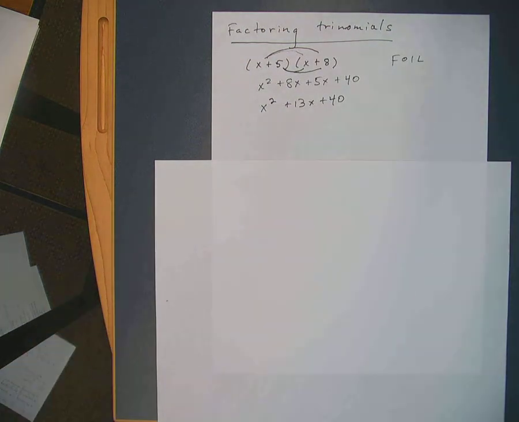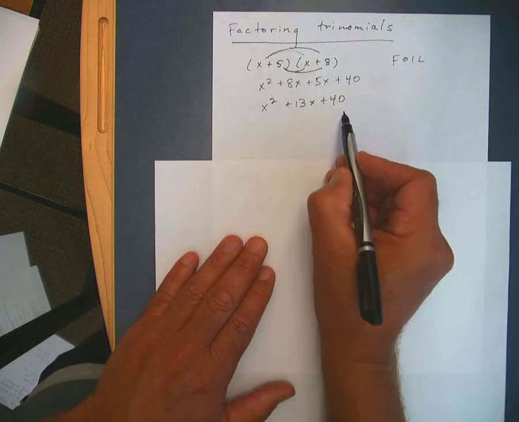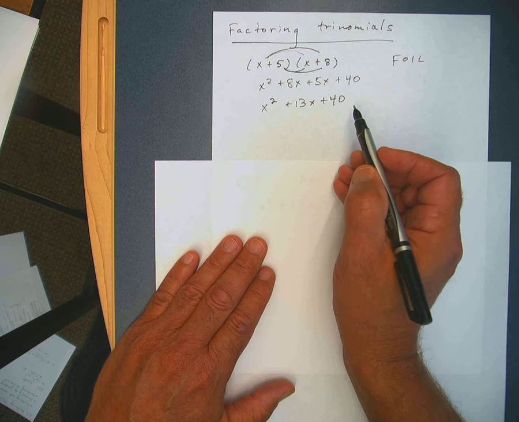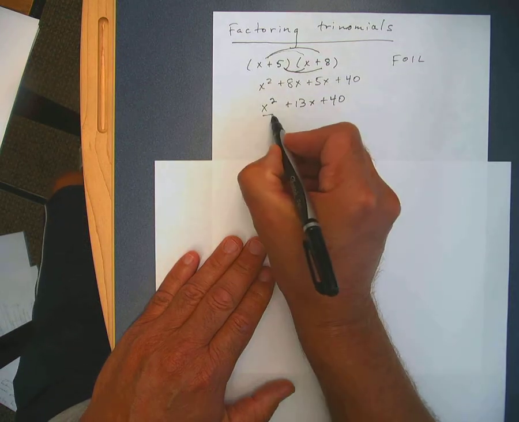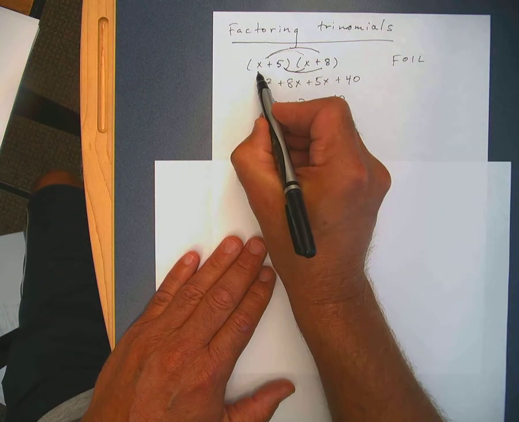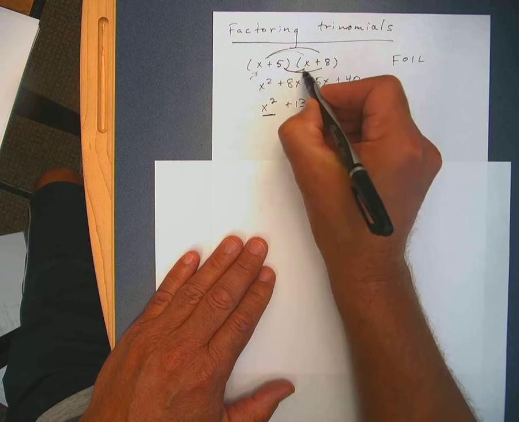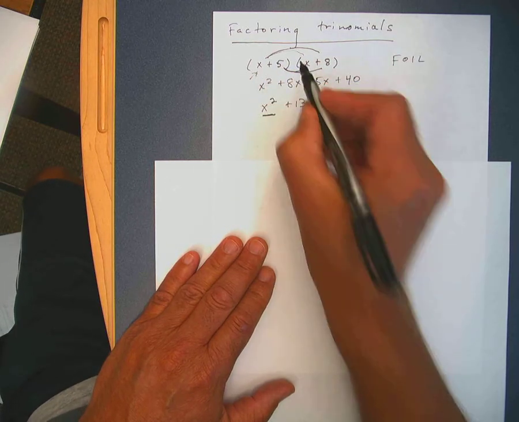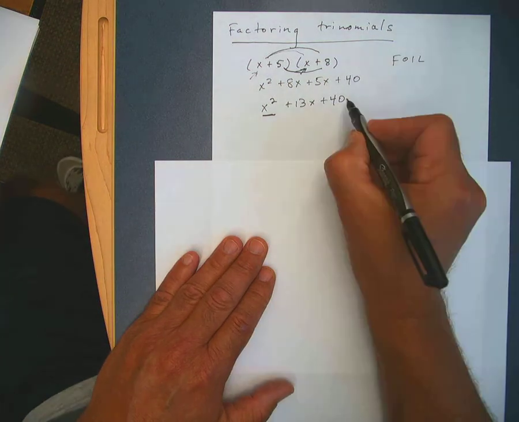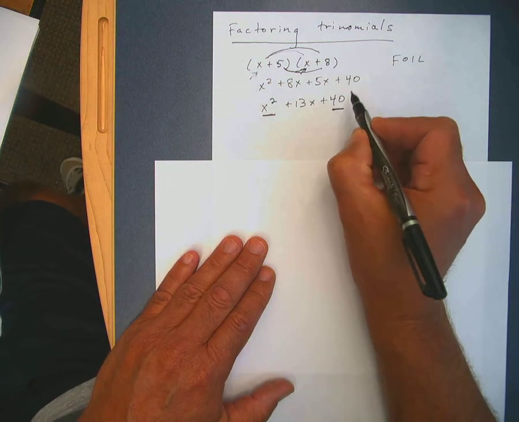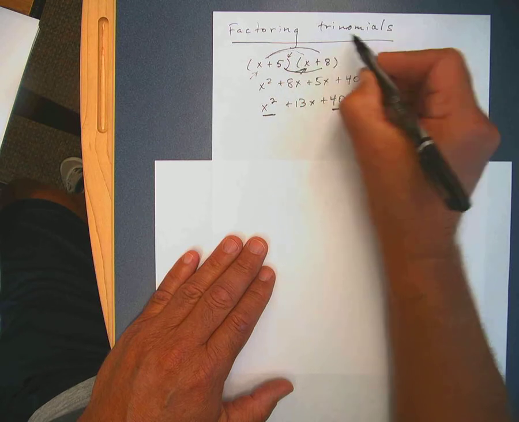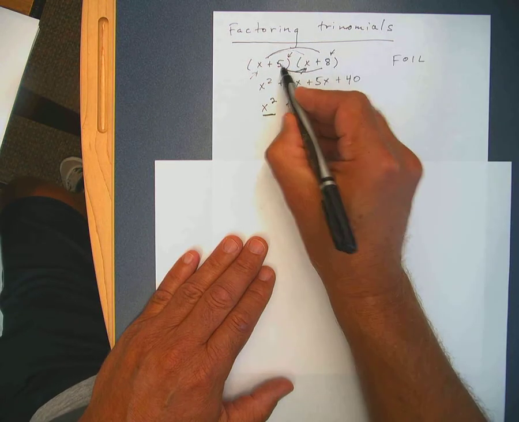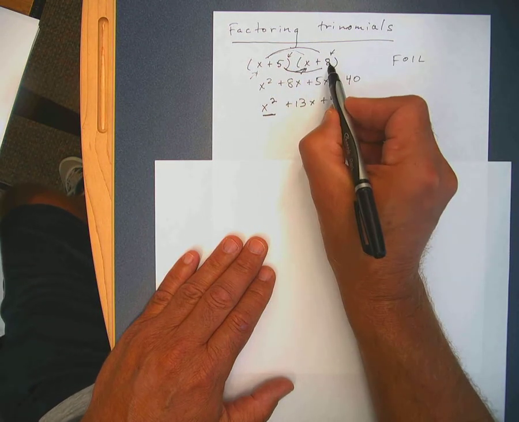One thing I want you to notice with this trinomial that we ended up with: the first term came from when we multiplied the x and the x, the first terms in these two binomials. The last term comes from multiplying the last two terms in these two binomials, the 5 and the 8.